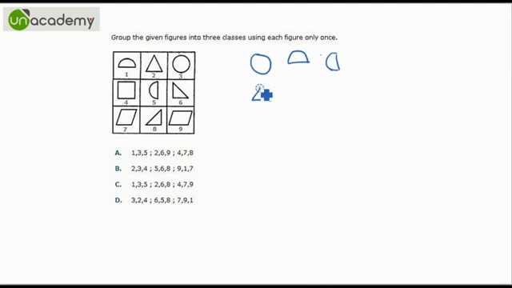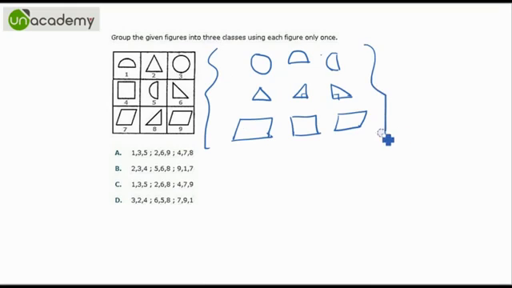We have this triangle, then we have a left right angle triangle, and we have a right angle triangle. Also we have this parallelogram, this square and another smaller parallelogram. So we have these figures.